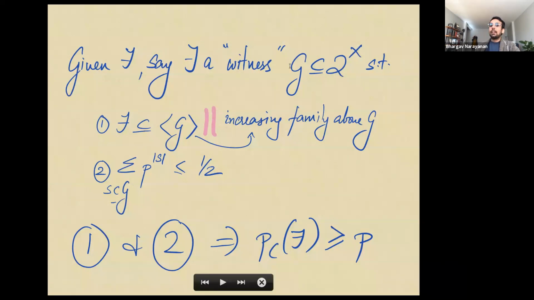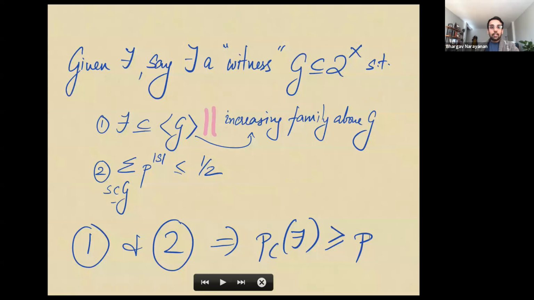So let's say that a family G, not necessarily increasing, just a family, is a witness for F if, one, my increasing family F lives inside the increasing family generated by this witness G. And two, if I add up p to the |S| over all the elements S of G, I get at most 1/2. Then I claim if I have such a witness that I've also demonstrated a lower bound on the threshold of F, namely that the threshold is at least p.